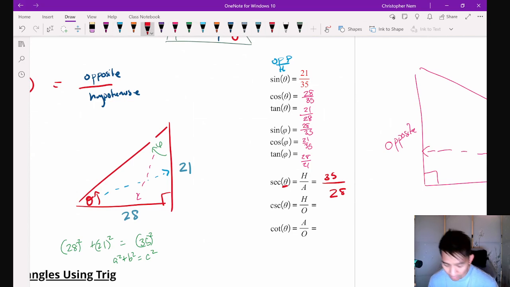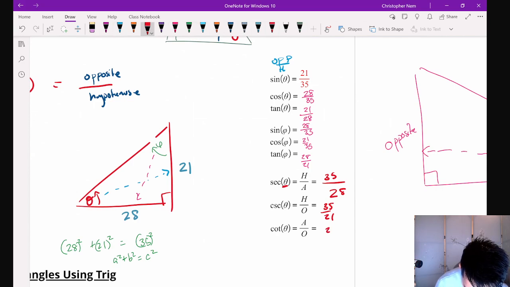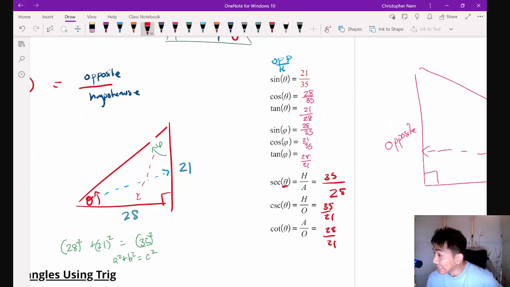That's hypotenuse over opposite. So now this becomes 35 over 21. And then cotangent is the reciprocal of tangent. So this is going to be 28 over 21. Okay? So that's the main idea with calculating these trig functions. You're going to take an input, which is your angle measurement of the right triangle, and then it's going to spit out a side ratio.